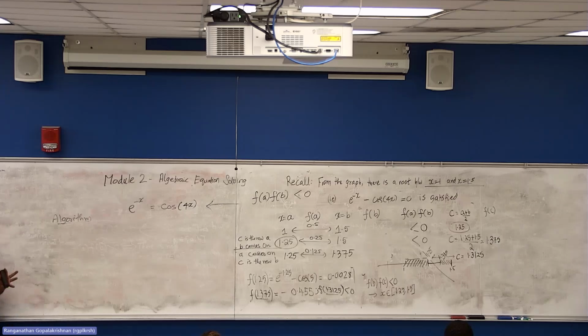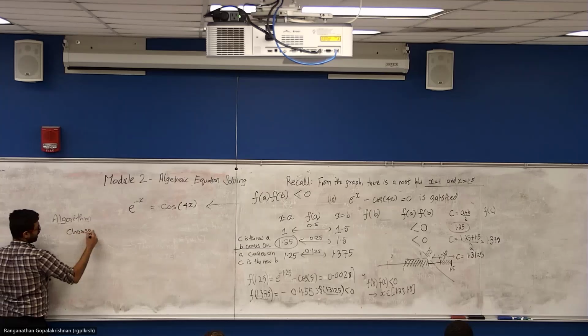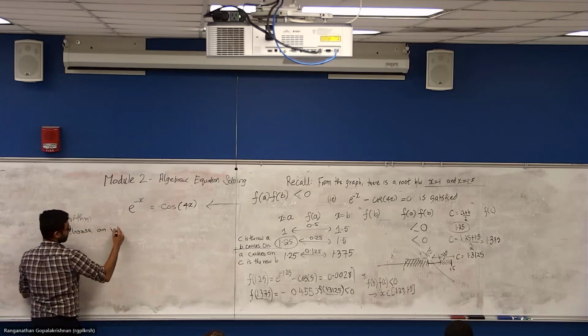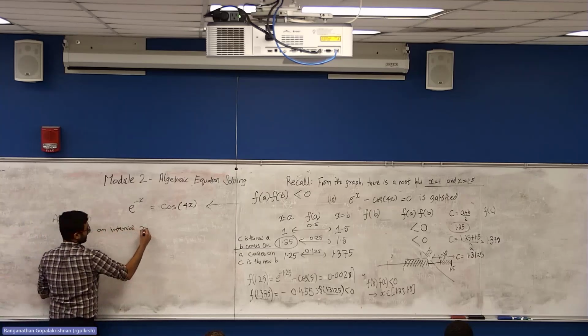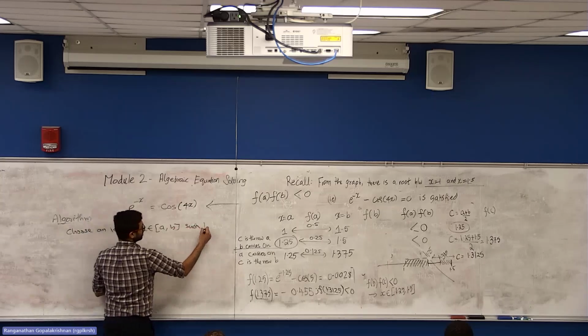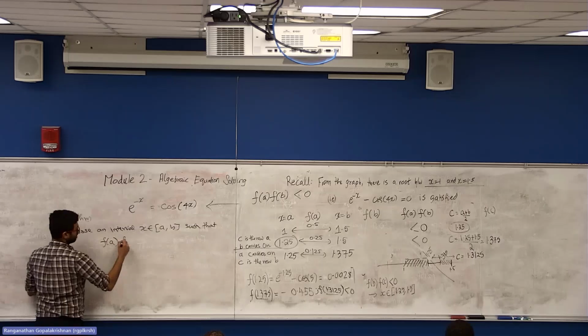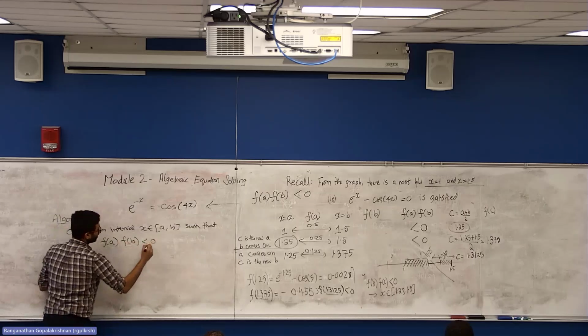So how do you start the process? Let's go step by step. What is the first step? Choose an interval x lying from A to B such that f of A times f of B is negative.